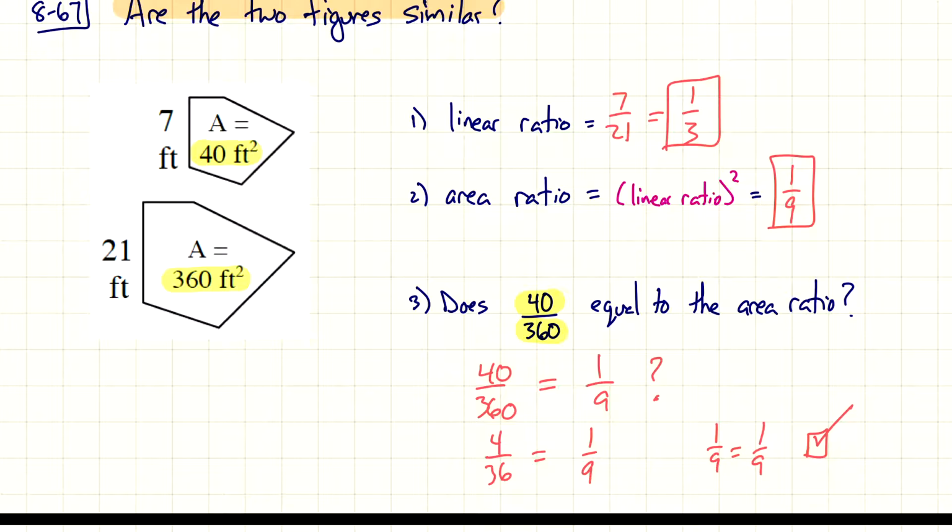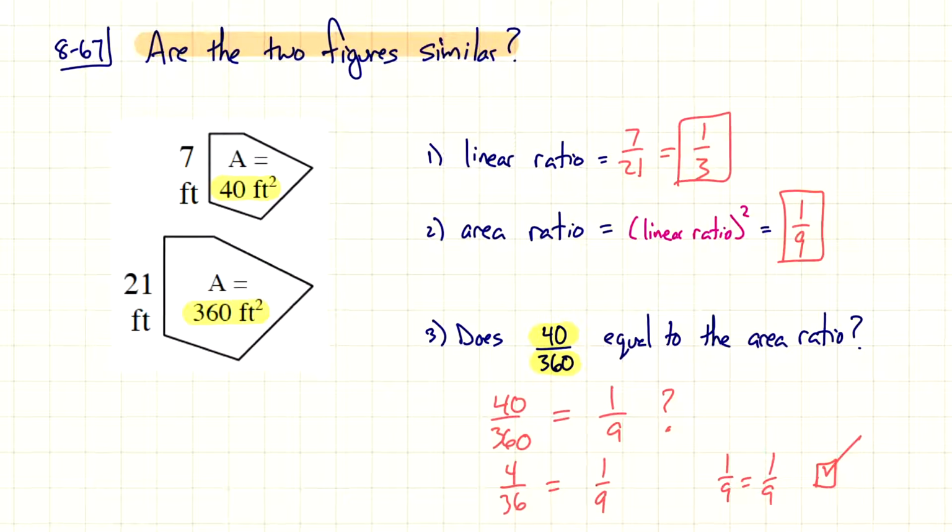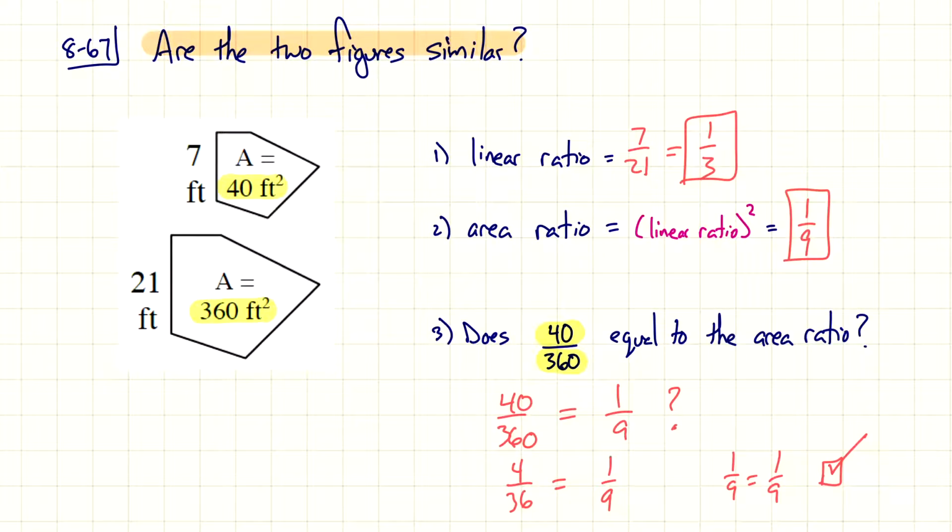So those two figures are similar because those two fractions equal each other. If it was like 41 over 360, then it would not reduce to 1 over 9, and they would not be similar figures. So that's an example of a type of question you would need to be able to do. You'll notice it's not a lot of calculations. It's just about understanding how the shapes are related to each other.